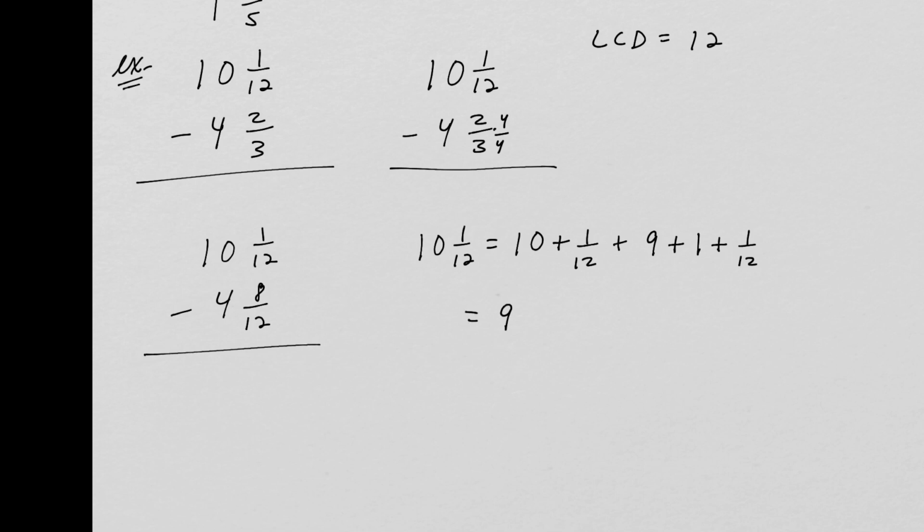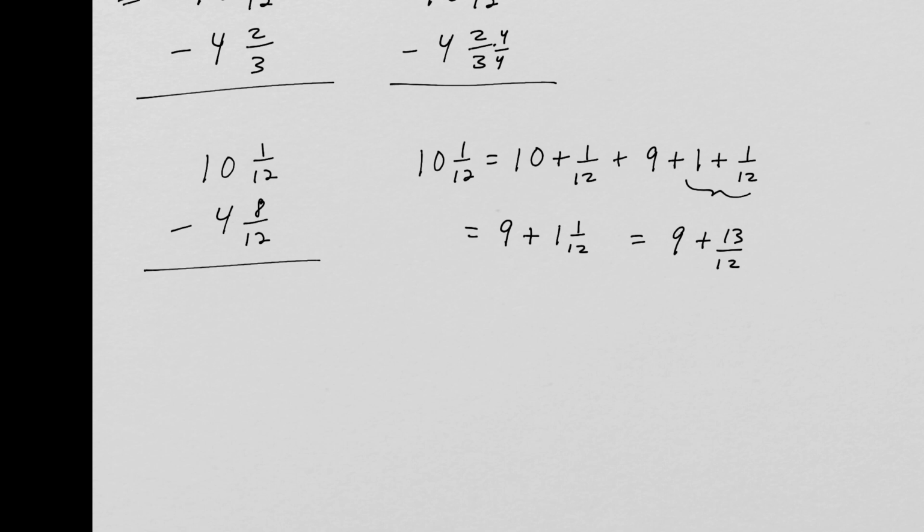Or I could write it as 9 plus, and I combine these two pieces. This is 1 1/12. And if I write the 1 1/12 as an improper fraction, this is 9 plus 13/12. So another way of writing 10 1/12 is 9 13/12.